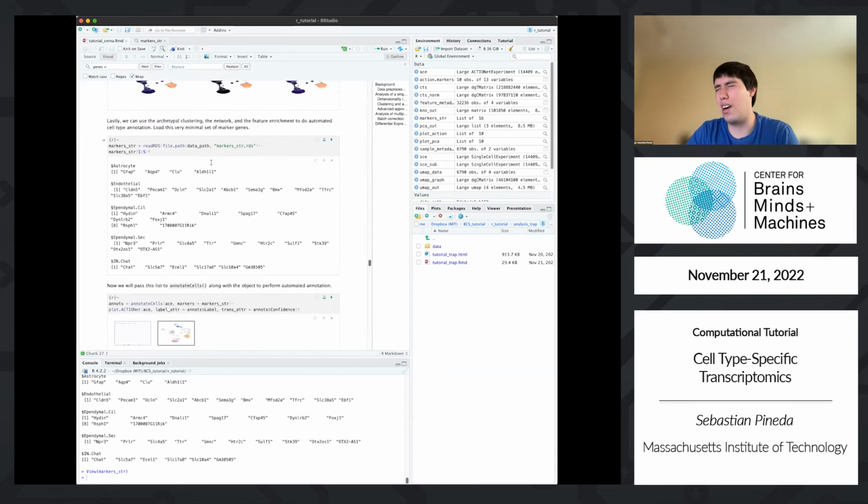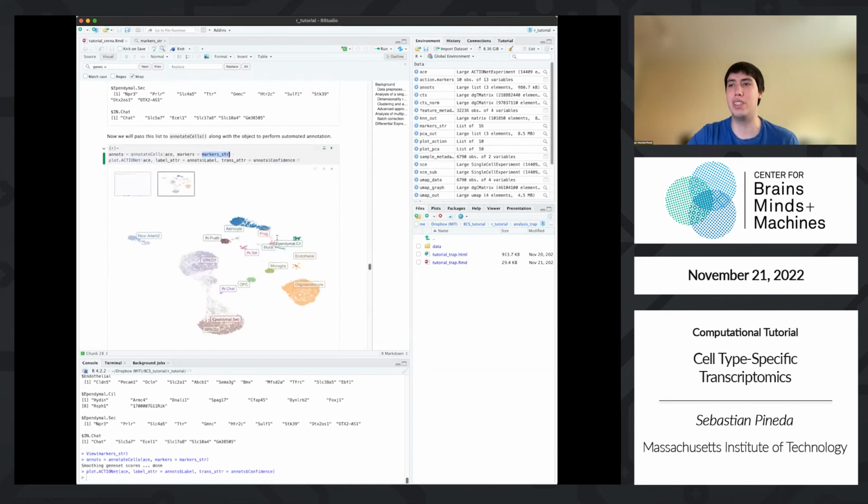With our high resolution decomposition, with this underlying network that gives us cell-to-cell similarity metrics, and with our ability to impute missing data, we can also automate the process of annotating cell types with very high accuracy. So I'm going to give this function our object containing our counts and our metadata, and I'm going to give it this list of marker genes, and then I'm going to plot the labels that it thinks each cell belongs to.